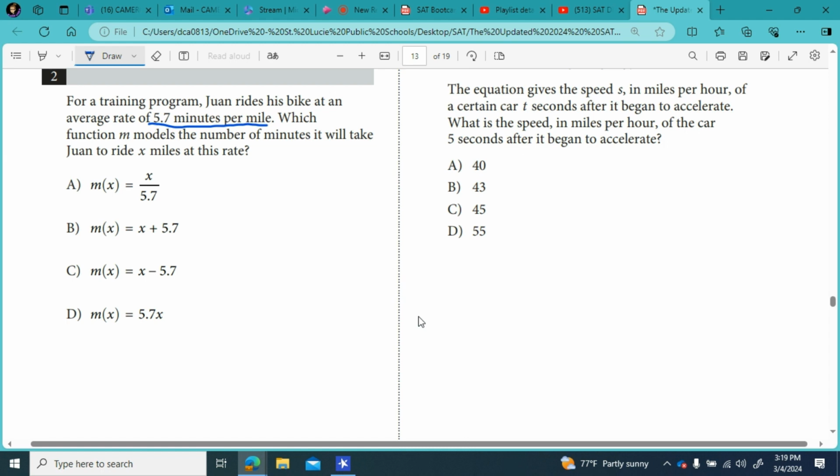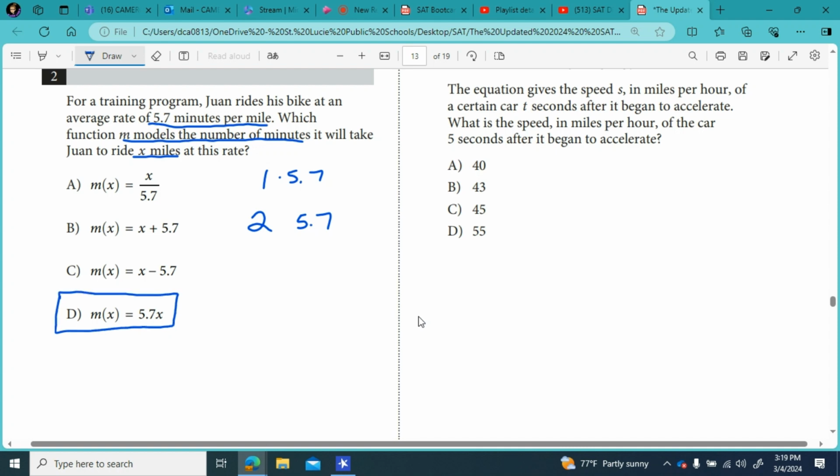So you want to find which one models the number of minutes it'll take for him to go X miles. So if it's 1 mile, it would take him 5.7 minutes. If it was 2 miles, it would take him 2 times 5.7. What would you do with the numbers? Would you divide, add, subtract, or multiply? If he's going 2 miles, 5.7 minutes per mile, I would hope that you are multiplying.